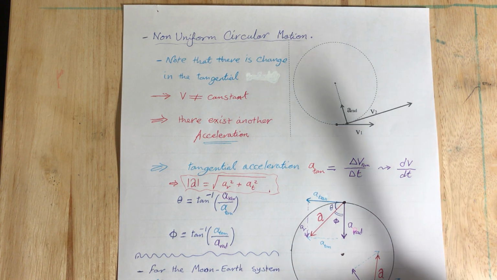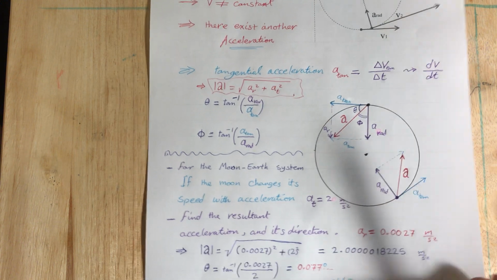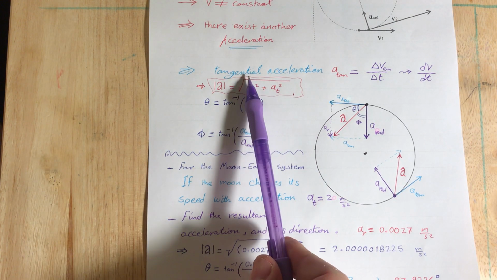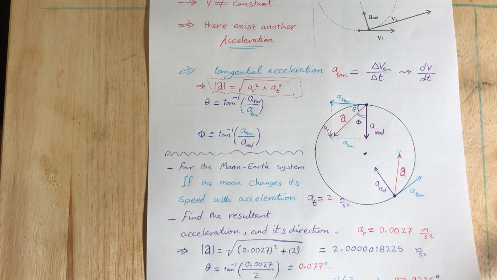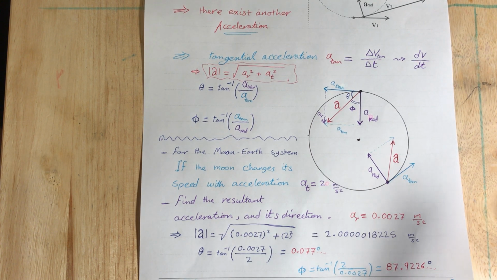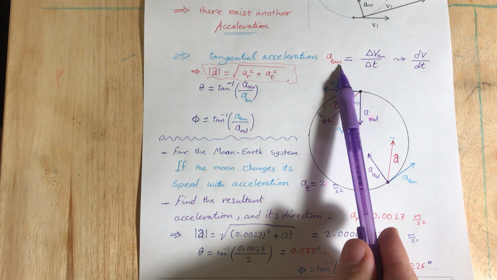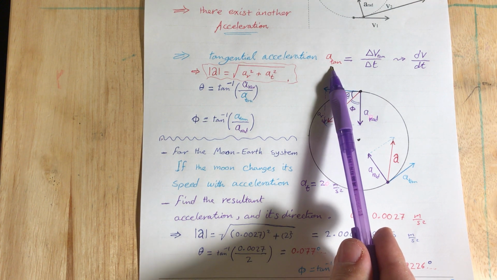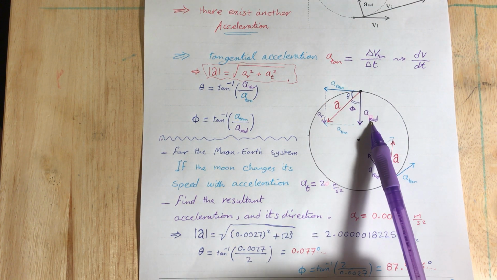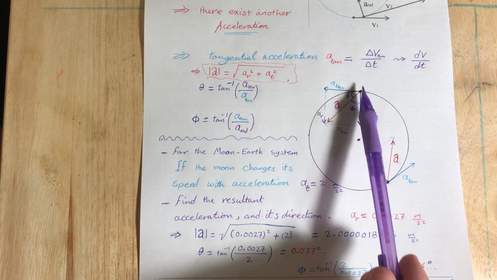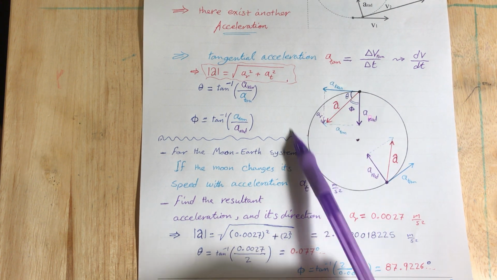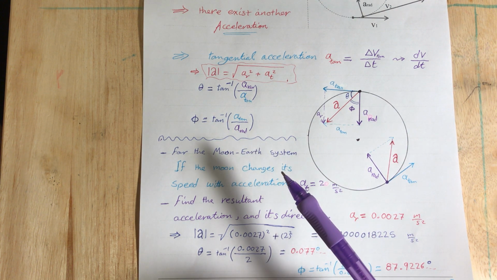We have another acceleration now. We can call it tangential acceleration, which is the same acceleration that we know from before, change in speed. The tangential acceleration is different than the radial acceleration toward the center. The tangential acceleration is tangential to the circular track.